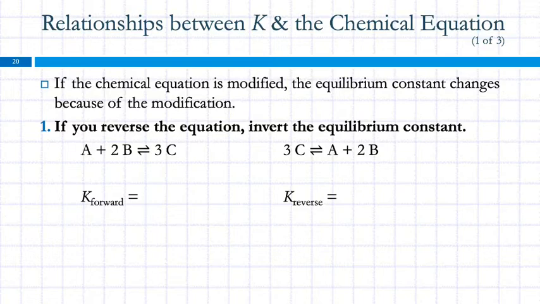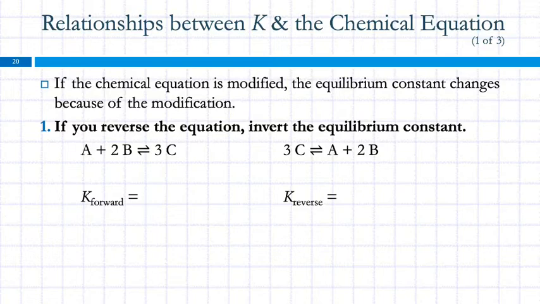So this is that same type of thinking, but the rules are a little different. So if you reverse the chemical equation, you invert the equilibrium constant. You don't make it negative, you upside down it.